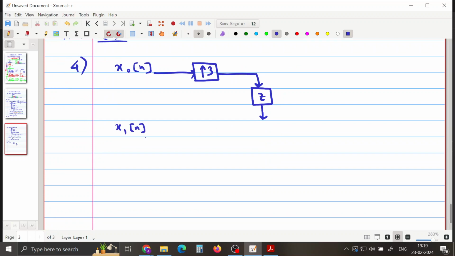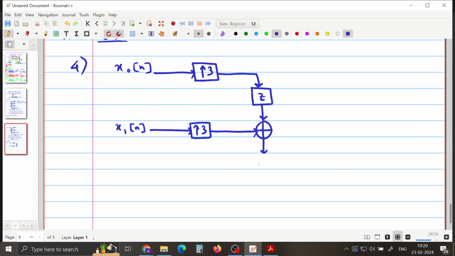This x1 of n is the one which you need to find. That again goes through an upsampler, and these two get added up.